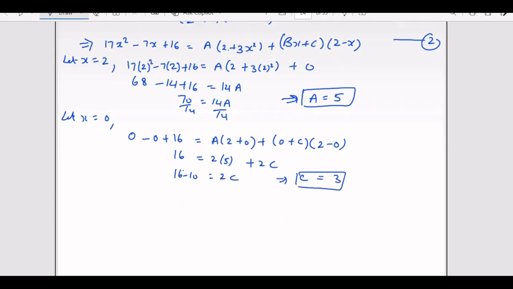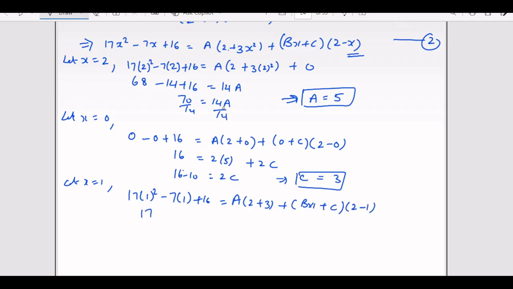Now let's say x equals 1, so we substitute x as 1 in equation number 2. Then we have 17 times 1 squared minus 7 times 1 plus 16 equals A times (2 plus 3) plus (B times 1 plus C) times (2 minus 1).